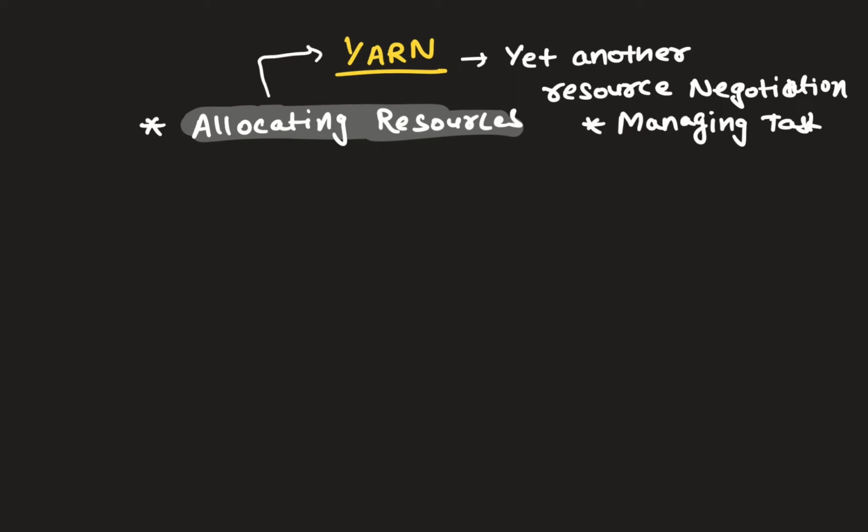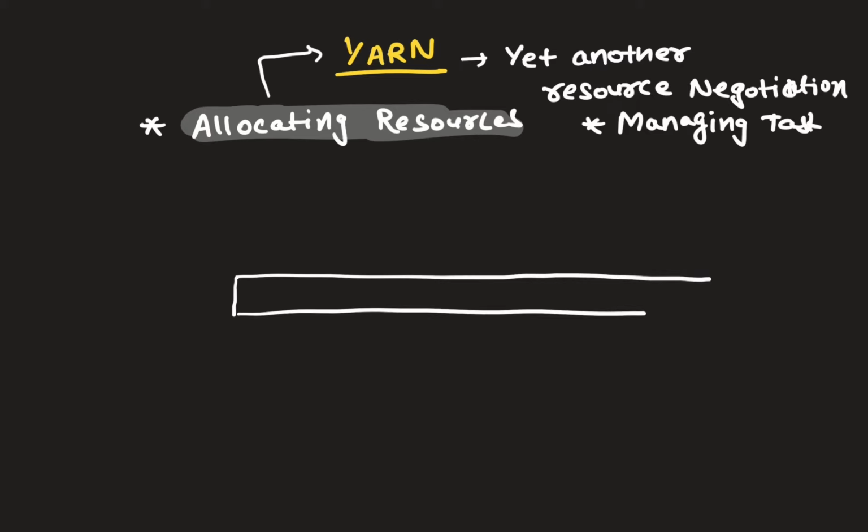This has been abstracted out from MapReduce job tracker, and made part of Yarn, right? So if I draw a line here, let's say you have a Yarn framework here, and because this is a resource manager, it internally has different components which we are going to discuss now, but let's think for the time being, Yarn is a resource manager which has been moved out from MapReduce job tracker.